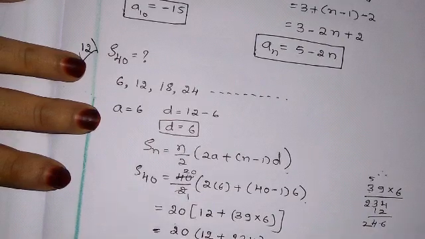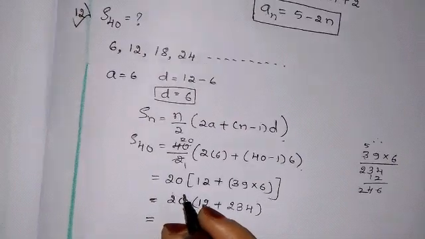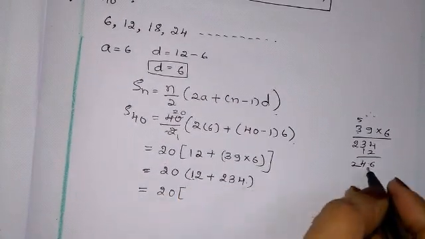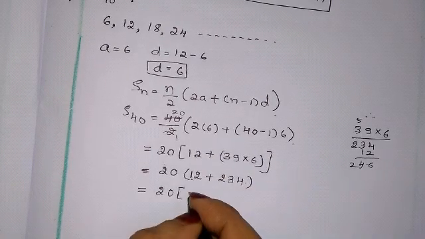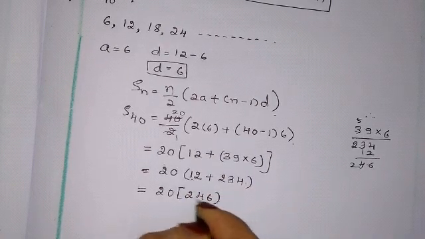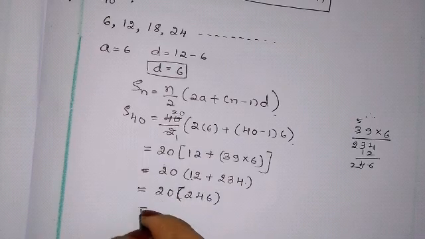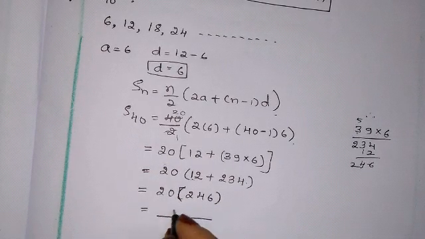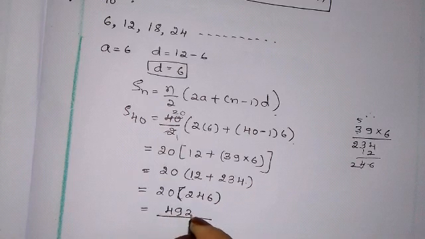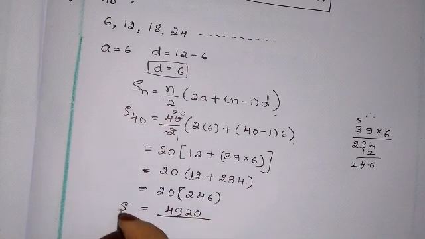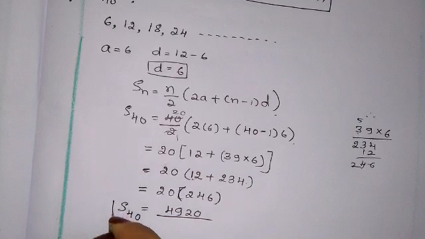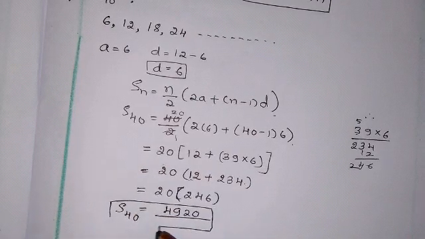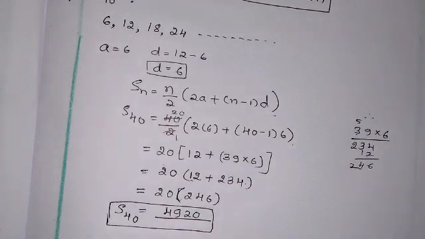20 as it is. 12 plus 234 we did here, 246. 246 into 20 is 4920. You can multiply and check. 4920 is the answer for the sum of the first 40 terms.